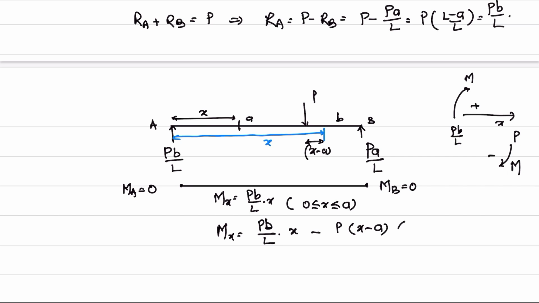This is for A less than or equal to x less than or equal to L. These are the two moments.